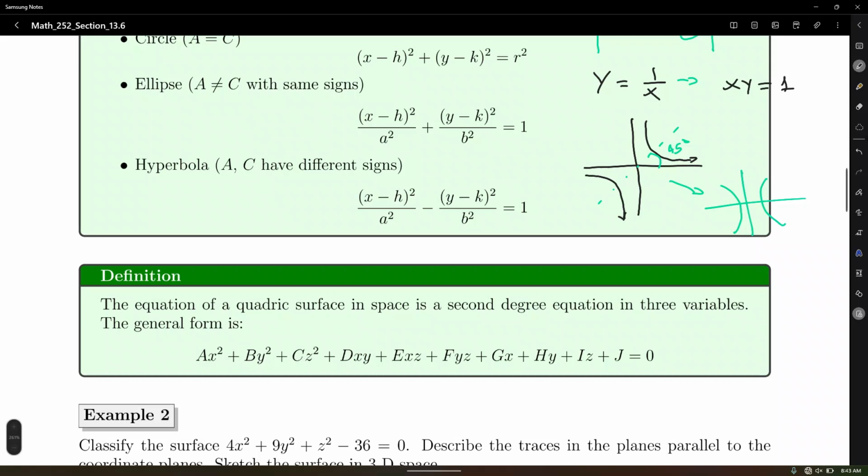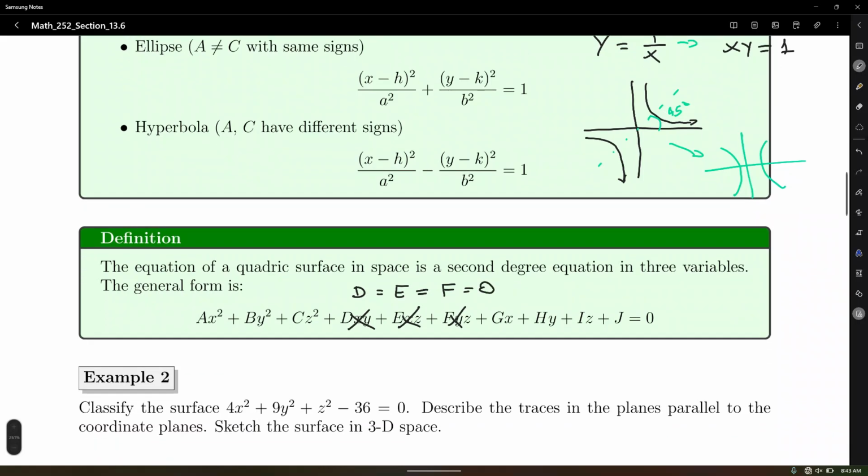Now we have the third variable, the product terms, which again we're going to look at the cases where d, e, and f are all equal to 0 because we're not going to degenerate these surfaces for now. All right, and then we have the linear terms, that is the terms where the variables are raised to the first power, g, h, and i, and the constant term. Well, how do these look?